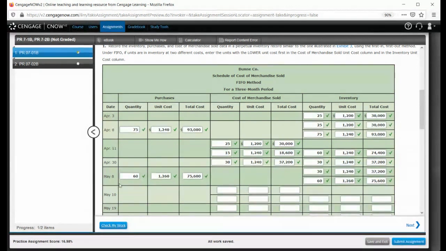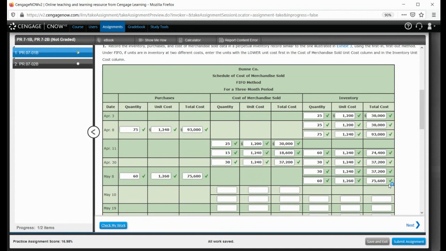So on the May 8th transaction, we have two layers of inventory. One that was brought forward from April the 30th, which was your ending inventory that you just brought down on this first part of the May 8th transaction. Then you recorded what you purchased, and that went in as a separate layer.